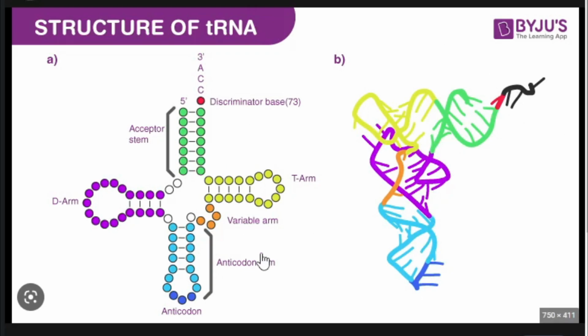This is probably the simplified version. The amino acid will go around here, and that's about it. It will go into a ribosome to read mRNA to make amino acids.